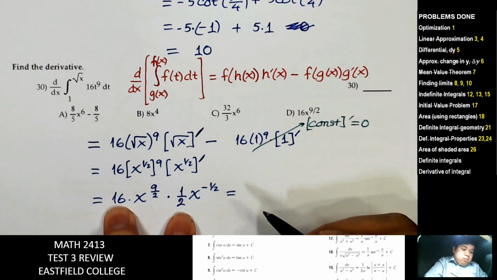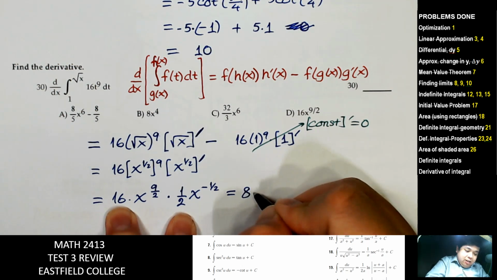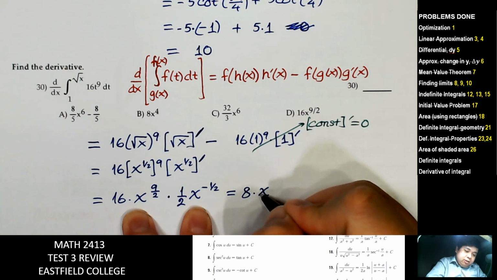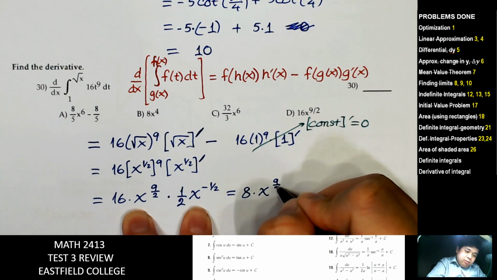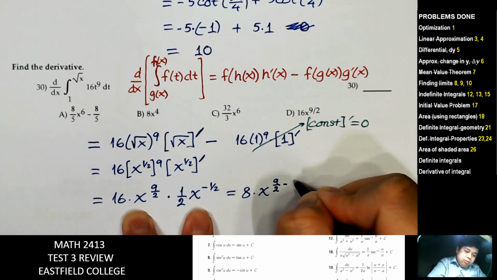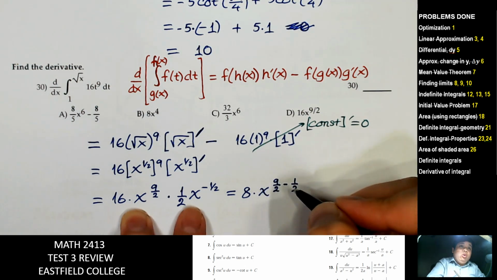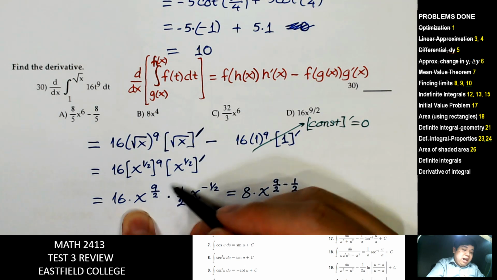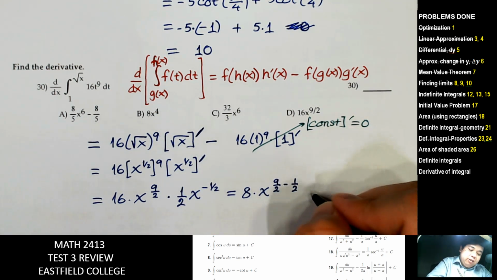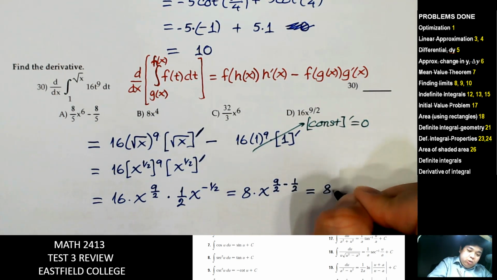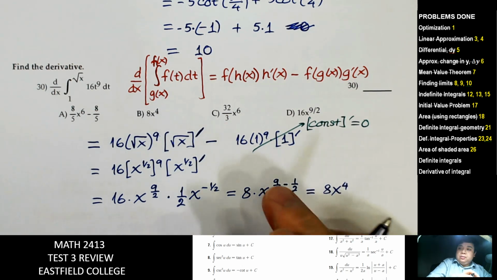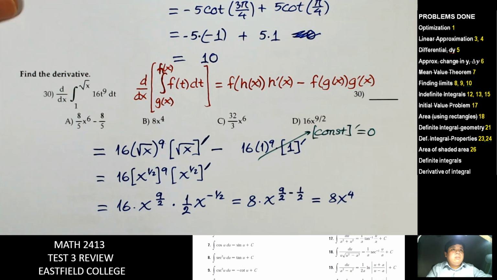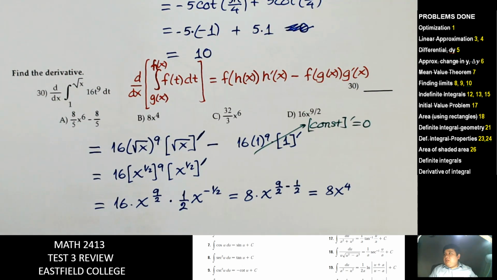Now 16 times 1/2 is 8. x to the 9/2 and x to the negative 1/2. When we multiply, we combine the powers. By that we add 9/2 plus negative 1/2, so that is just 8x to the 4th power. That is 30.